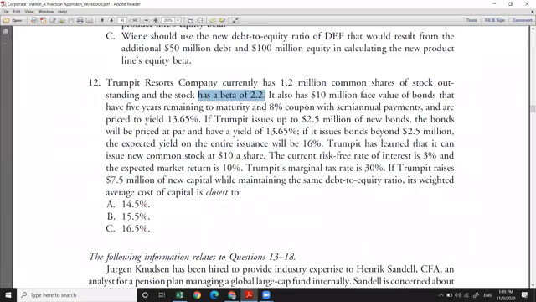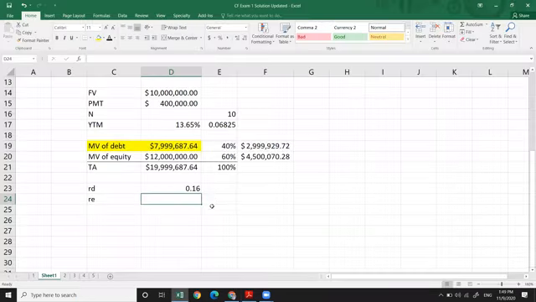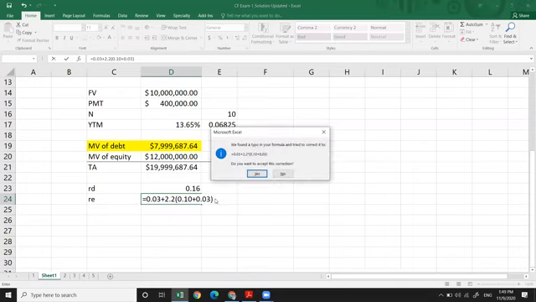Beta is 2.2, and the risk-free rate was 3%, I remember here. Risk-free rate is 3%, and the expected market return is 10%. Okay, so which means 0.03 plus 2.2 times (0.10 minus 0.03).